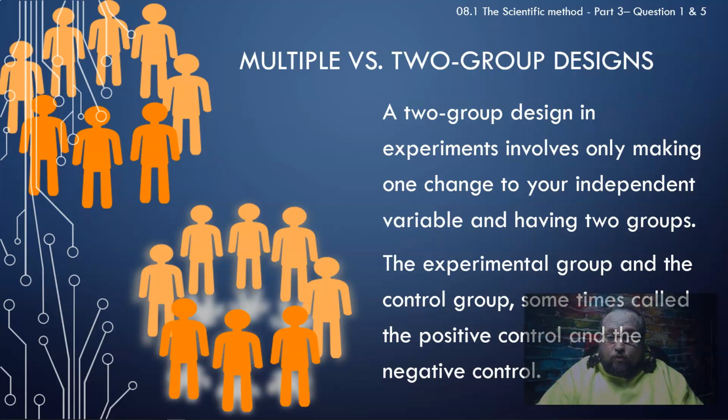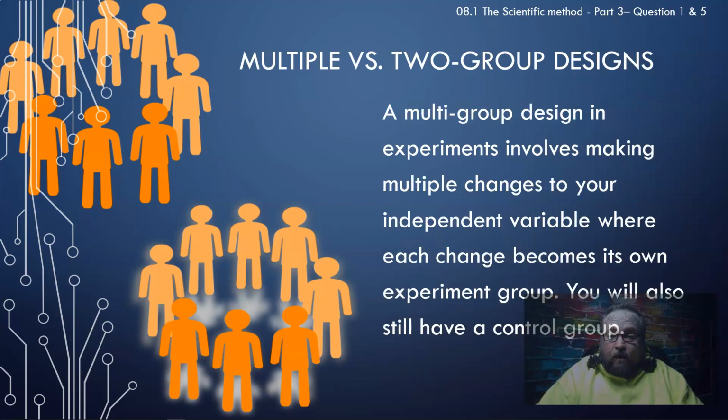So a 2-group design experiment involves only making one change to your independent variable and having 2 groups, so control and experimental. The experimental group and the control group, sometimes called the positive control and the negative control, 2 names for them. A multi-group design experiment involves making multiple changes to your independent variable, where each change becomes its own experimental group.